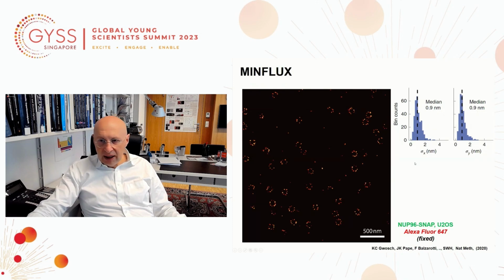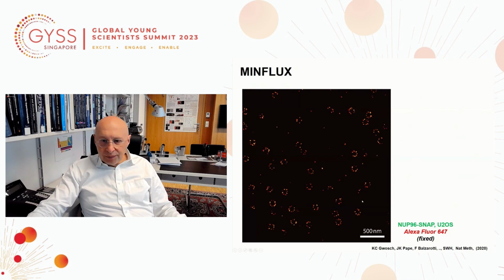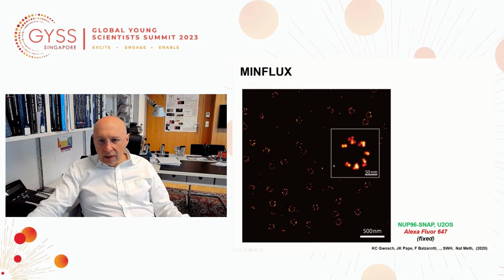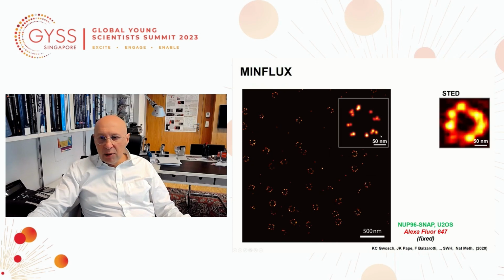The median is 0.9. And if you look at it, these are so-called nuclear pore complexes, similar to the structure you've seen on the Nobel poster, and here the resolution is much better. It's better by a factor of 10, and these little patches can be associated with individual molecules.